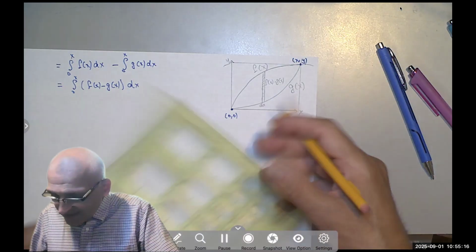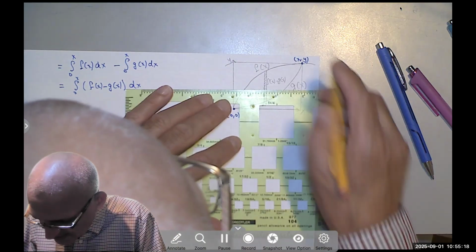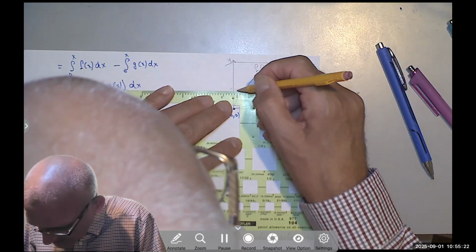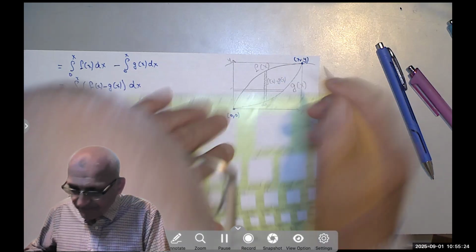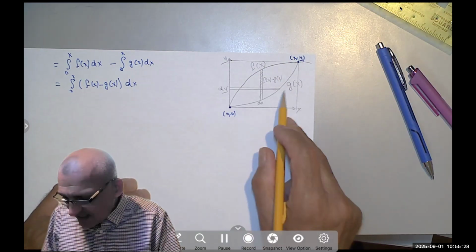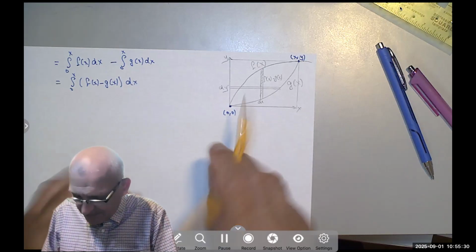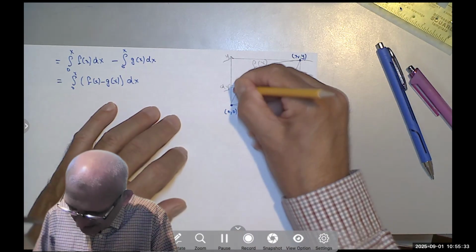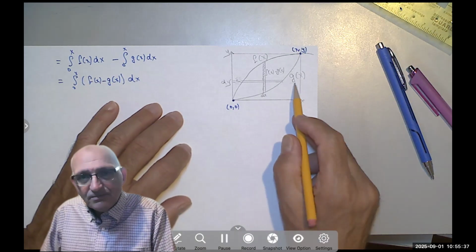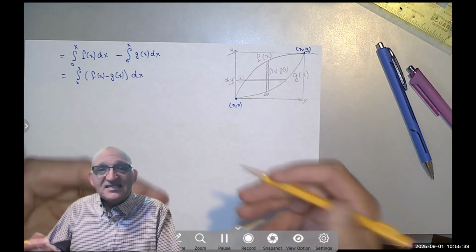But if I take a horizontal strip, I integrate with respect to y, but I cannot say x2 minus x1, for example. Forget about that. I can take the inverse, meaning I'm solving for x in terms of y.